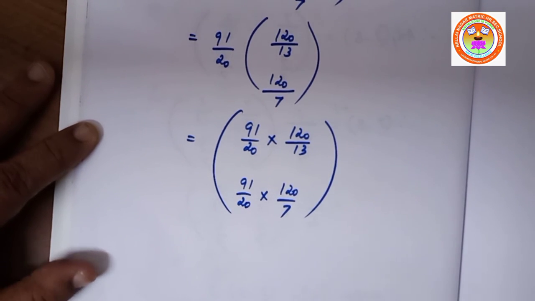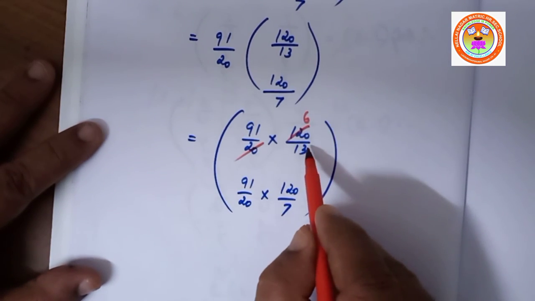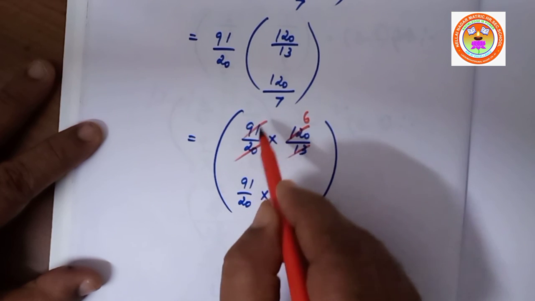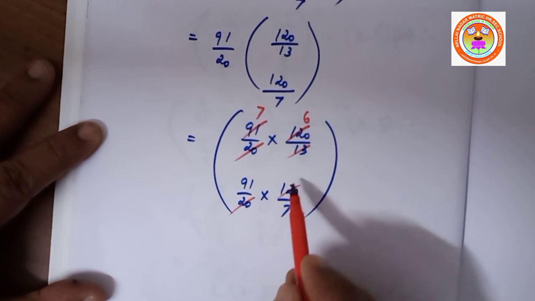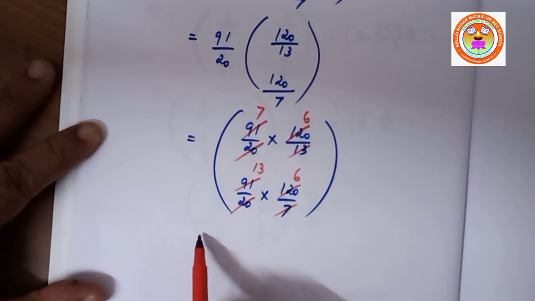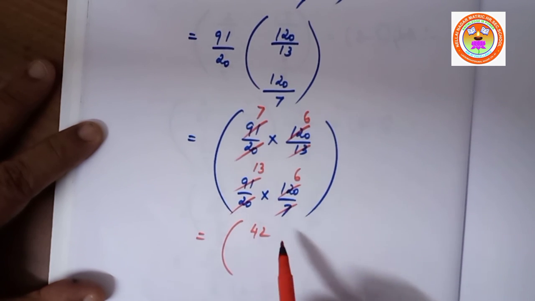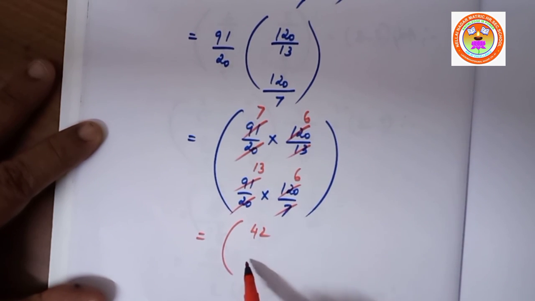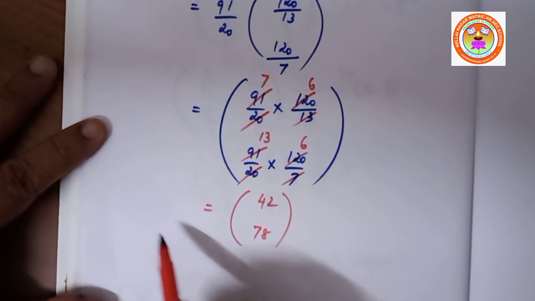We can cancel by 20: the 20 table, we have 6 times. Here we can cancel by 13: the 13 table, 7 times. Here also we can cancel by 20, 6 times, and 7 table, 13 times. Finally, you'll get 7 sixes, 42, and 13 sixes, 78. Finally, we write the result.